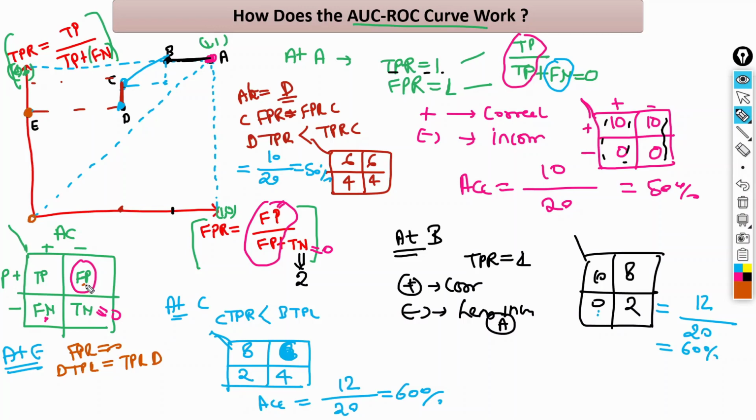So our output would be like this: 0, 10, and since E and D have the same TPR, 6 and 4, right? So what would be the accuracy? 16 divided by 20, which means 80%. So if you see here, I am getting the best accuracy at this particular point.